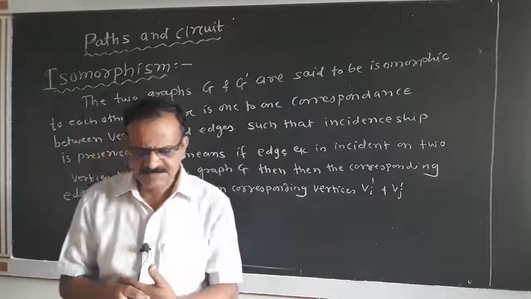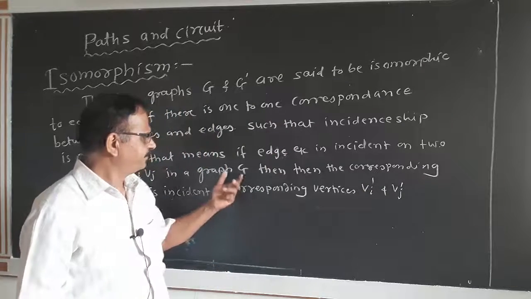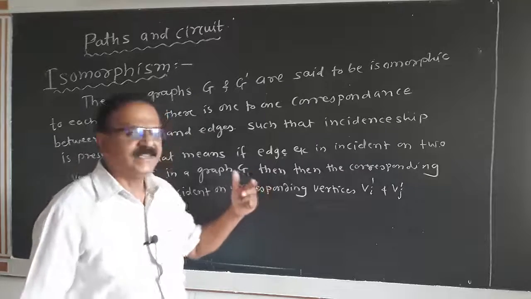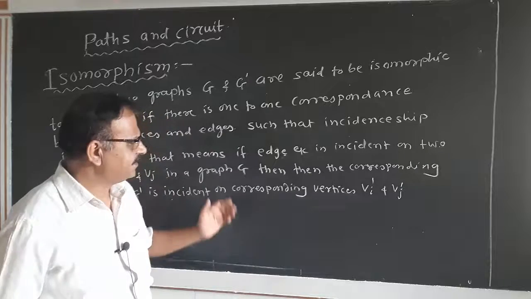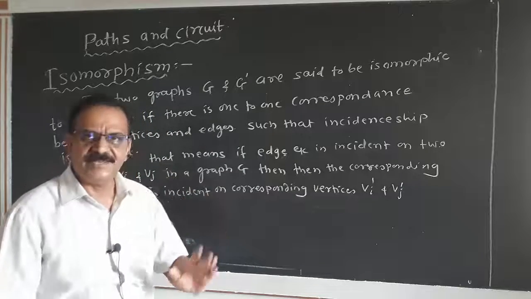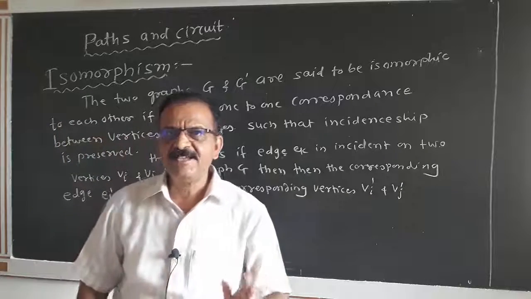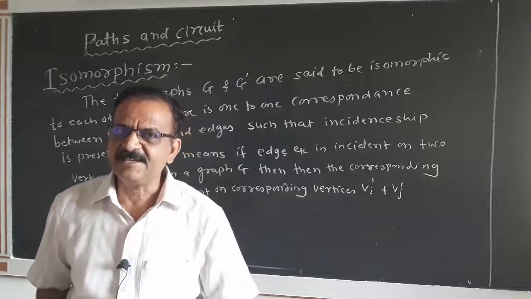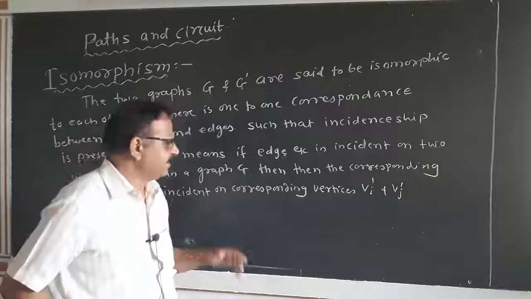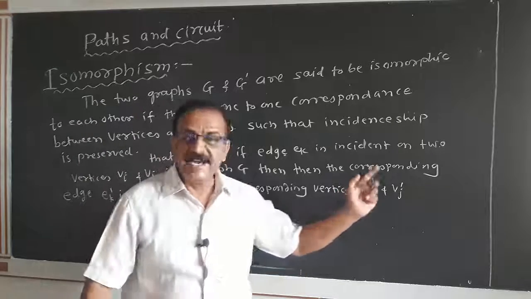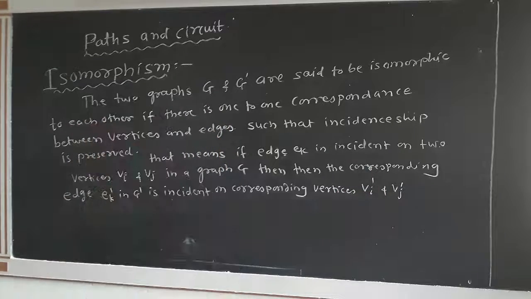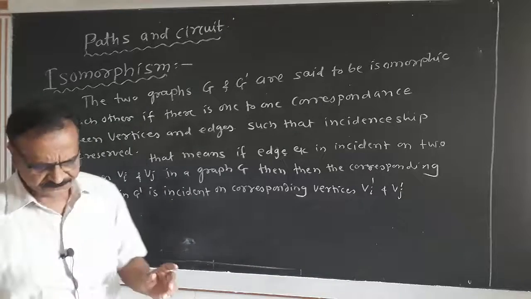That means if an edge Ek in the graph G is incident on the vertices Vi and Vj, then the corresponding edge Ek dash in the second graph G dash must be incident on the corresponding vertices Vi dash and Vj dash.